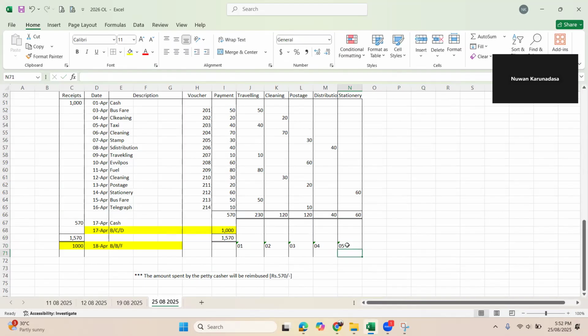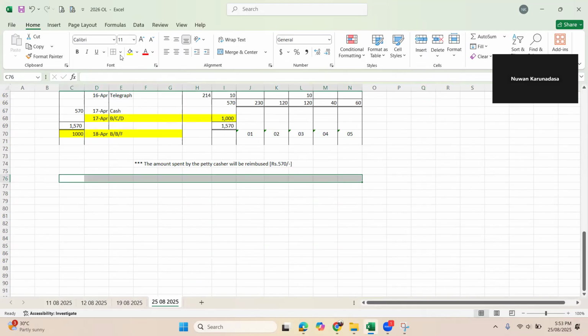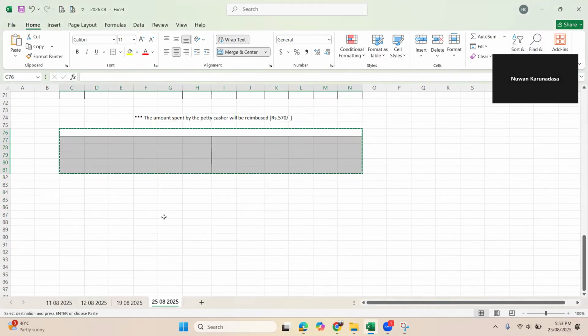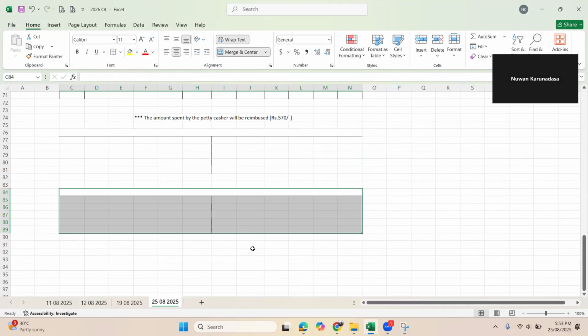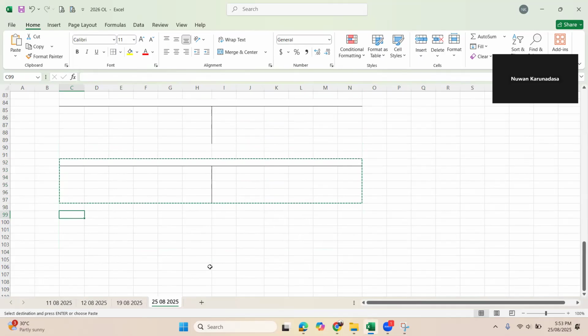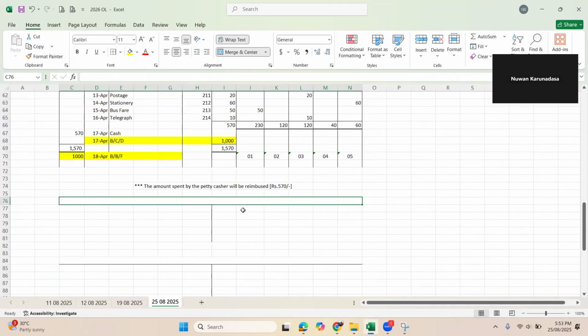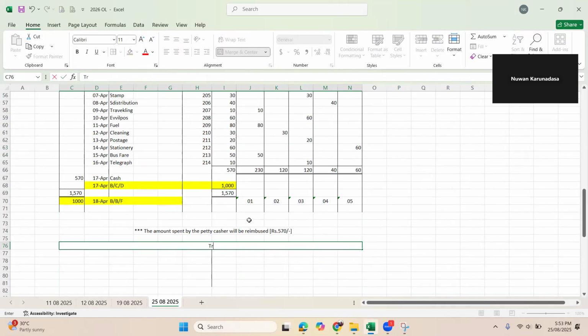We need 5 T accounts to post this transaction to the ledger. We'll open 5 T accounts.